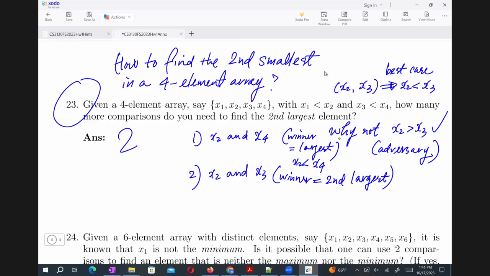Can you see it? We have 4 elements. The first round we do comparisons, these 2 parallel comparisons. After that, we do 2 more, so we can find the second smallest.